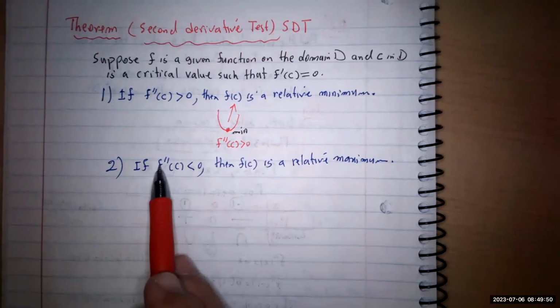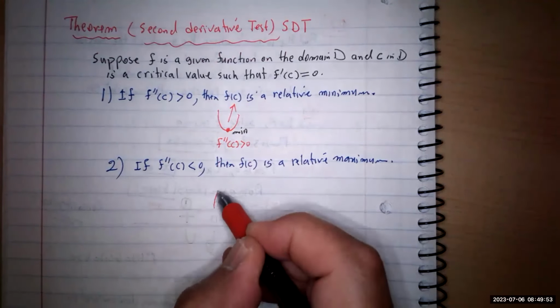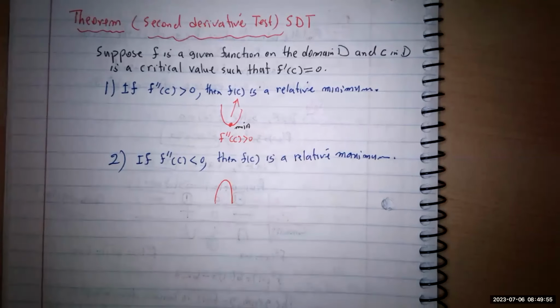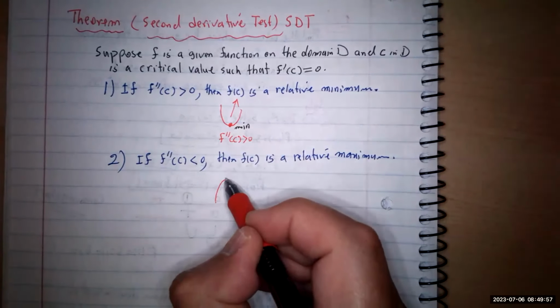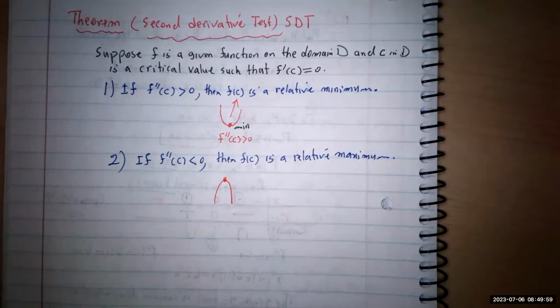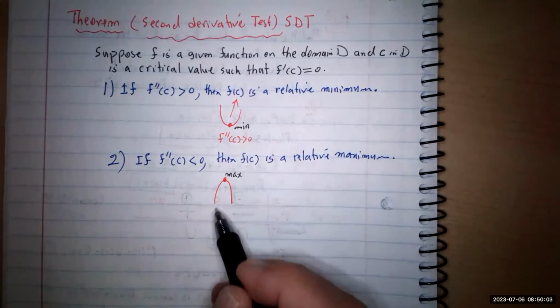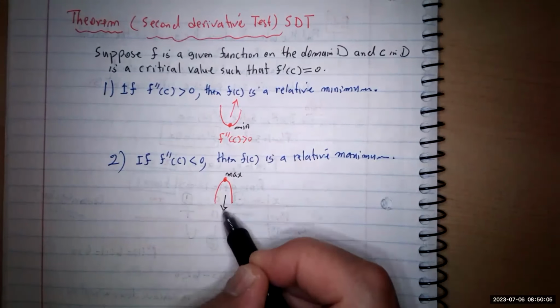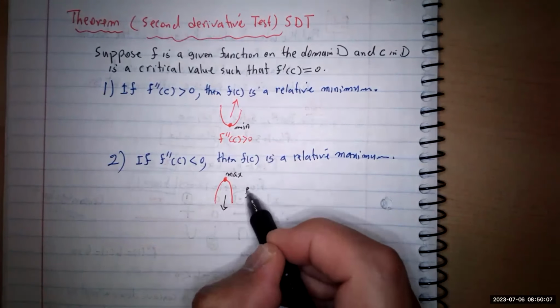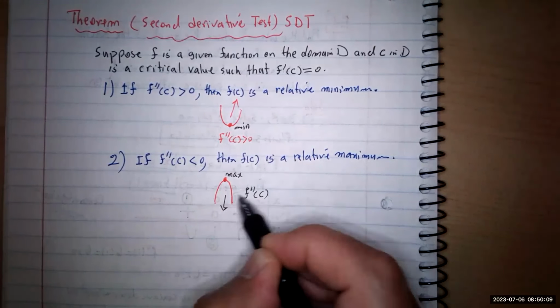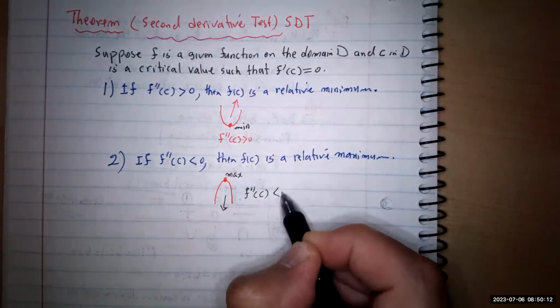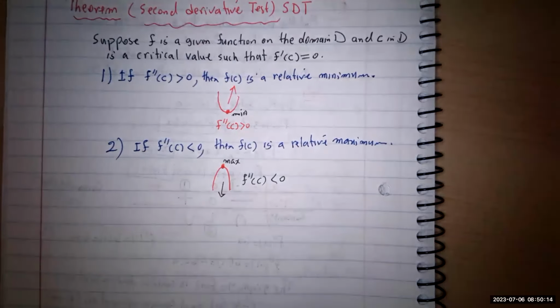Again, you see, as soon as you see f double prime, this is the shape of the graph. It's down. When it's down, this is a maximum. So this would happen when f double prime of C, of course, is going to be negative. That's it. Again, get the shape of the graph. That would be quick to remember it.